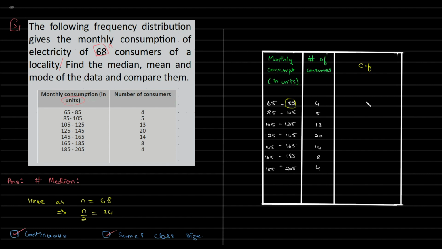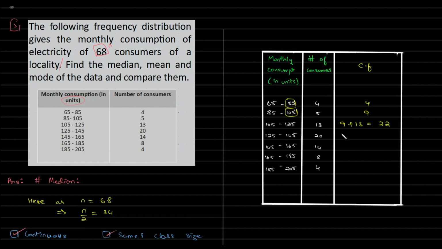So less than 85 is 4, less than 105 is 9. How am I doing this? I'm just adding the cumulative frequency with the frequency of that class, and I'm getting the cumulative frequency of that class.